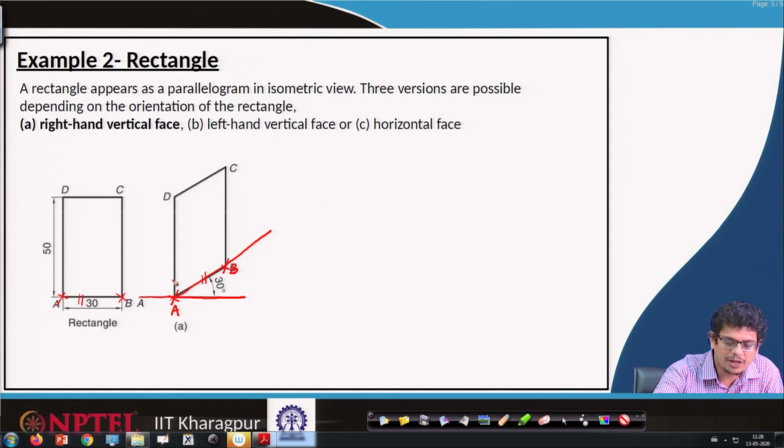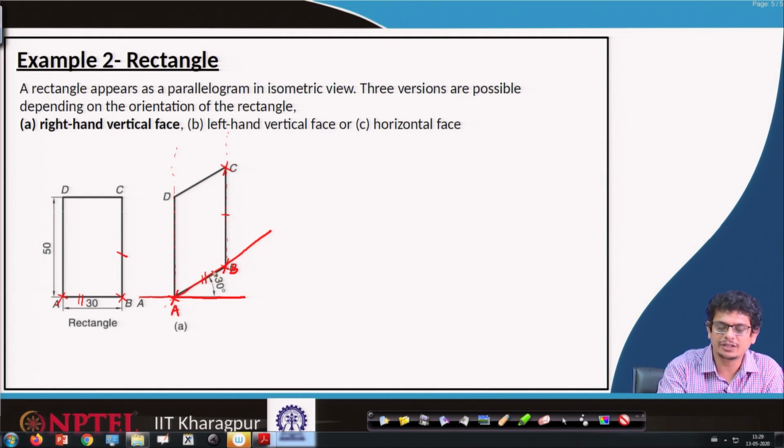Now, from A drop a perpendicular all the way up. Similarly, drop a perpendicular from B up to C, parallel to the AB line, with a distance of BC, whatever the distance BC is there. So, draw a vertical line and construct whatever BC length we have on this rectangle; even on the isometric view use the same length.